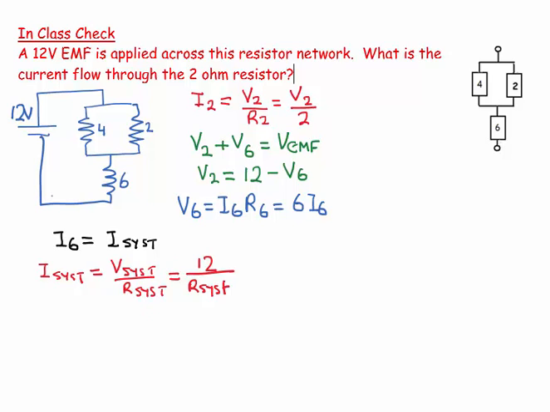Okay, so then the next bit is, how can I get this resistance of the system? So let's go, we've kind of been here before. We're going to do this in stages. So this is a 4 ohms, this is a 2 ohms, and this is a 6 ohms.